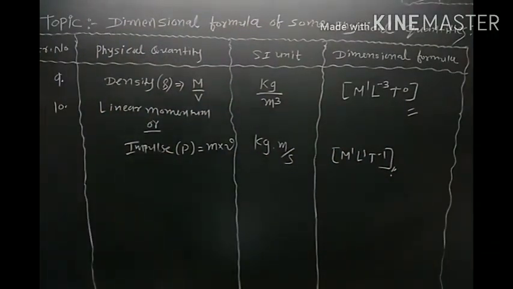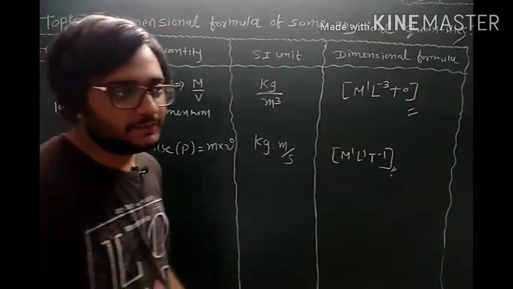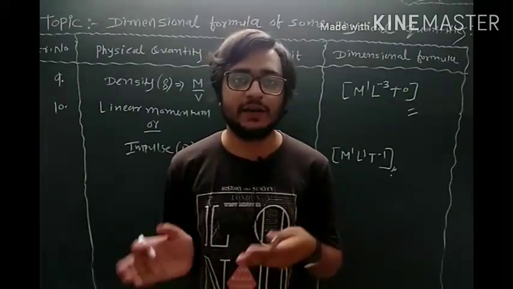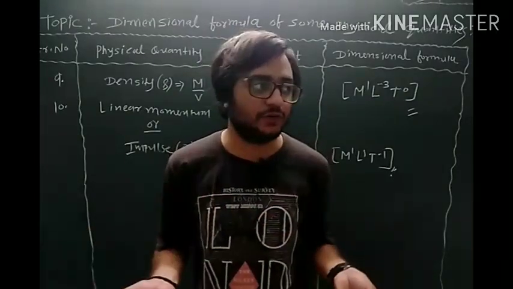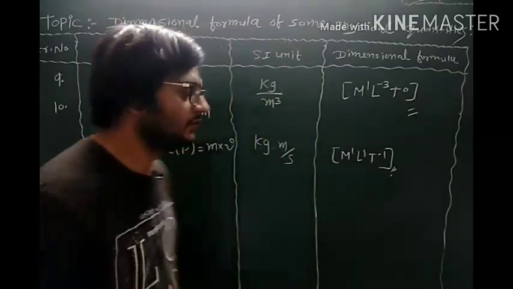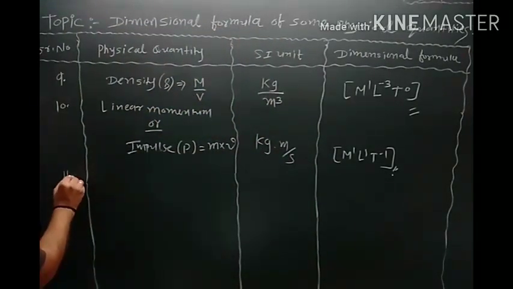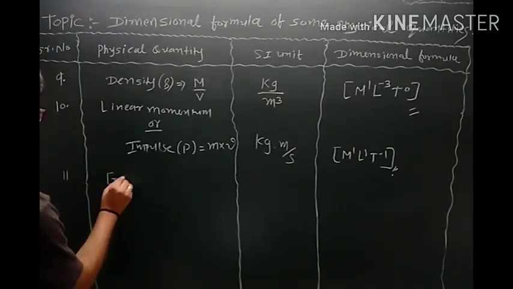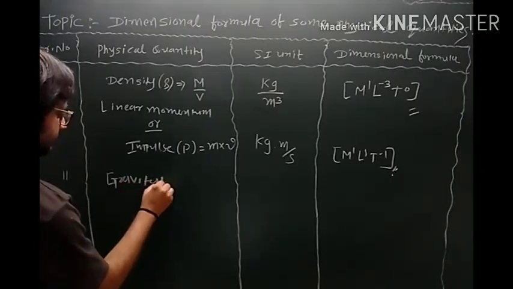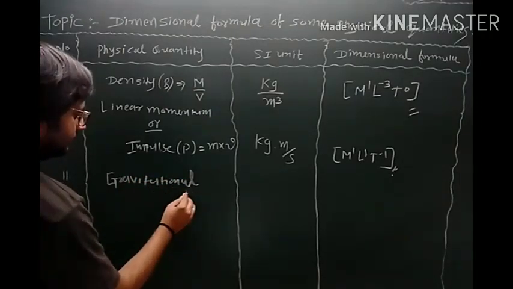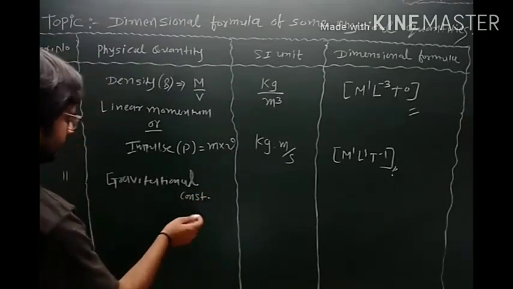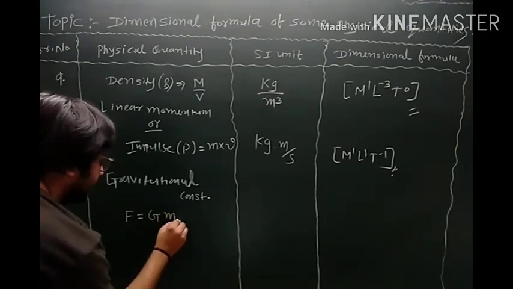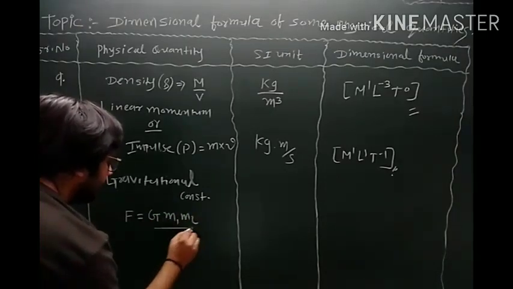Now here we can find interesting things, that is the gravitational constant. The gravitational constant comes from the gravitational force acting on any object on the earth. We find it from the equation F is equal to G m1 m2 upon r square.